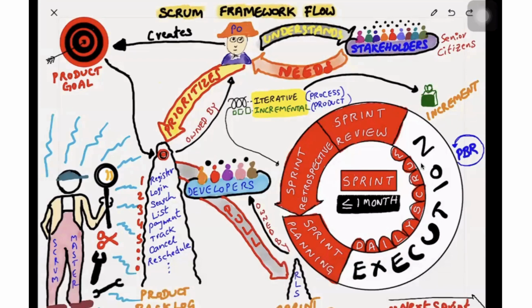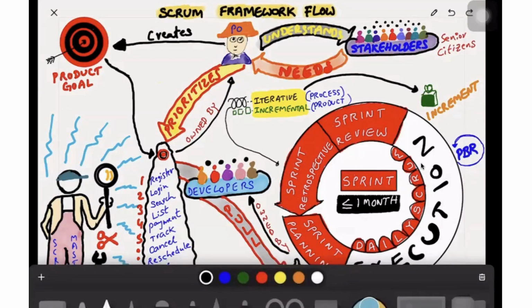Sprint is a container event, which is less than or equal to 1 month. Within the sprint, first day sprint planning, that is the second event. Every day daily Scrum, that is the third event. Last day sprint review, 4th event, and sprint retrospective, 5th event. These are the 5 events. And 1 activity, which is nothing but the product backlog refinement.